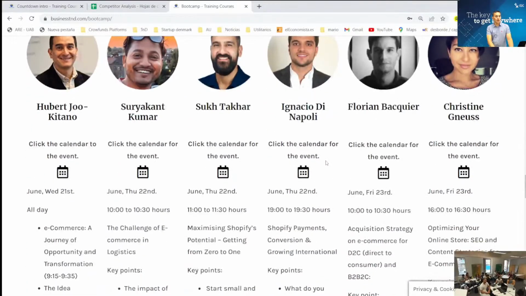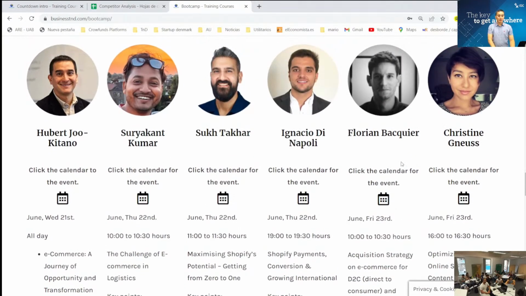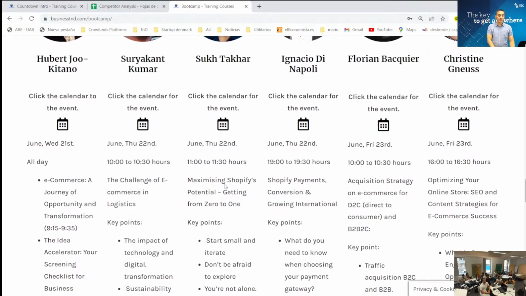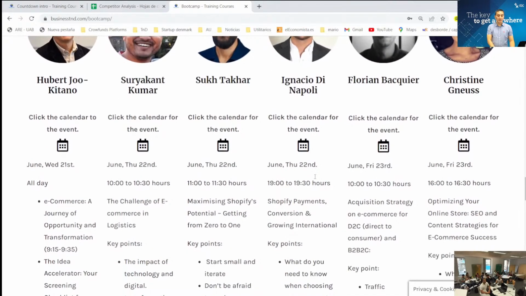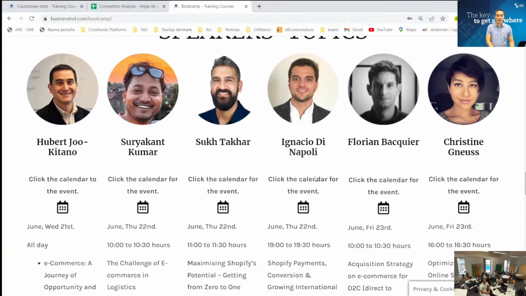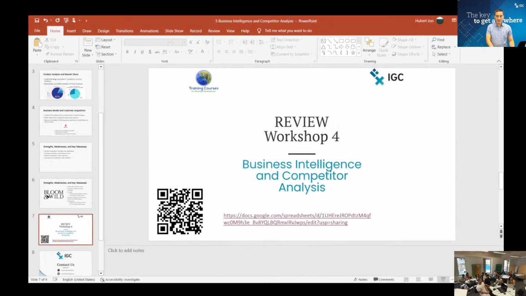We have Surya Kankumar talking about the challenges of e-commerce in logistics, and we have Suk Takhar talking about maximizing Shopify's potential and getting from 0 to 1. Later we have Ignacio Di Napoli sharing with us what Shopify payments, conversion, and growing internationally are about. He will touch on something about user experience using the Shopify platform.